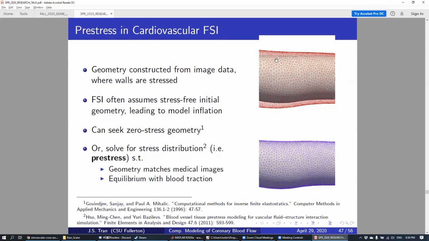And most of the time that's not the case, because the geometry that we're starting with actually has some stress, okay? And so in order to account for this, we need to solve for what we call the pre-stress, okay? And if we account for this pre-stress, then we get rid of this inflation phenomenon here. So we start with a geometry that perfectly matches, that overlays with our medical image data, okay?